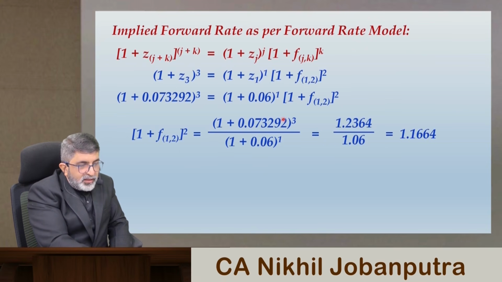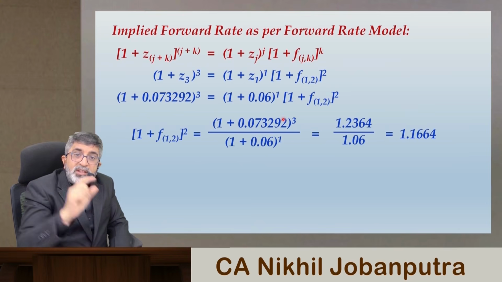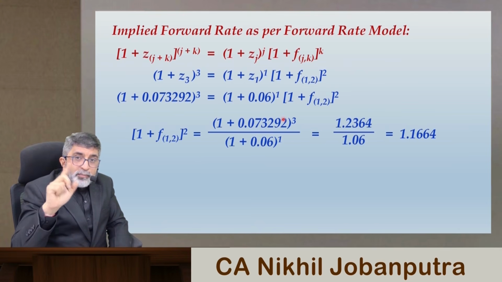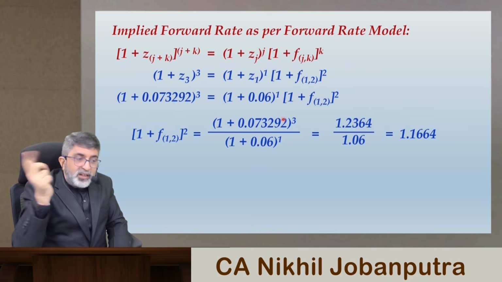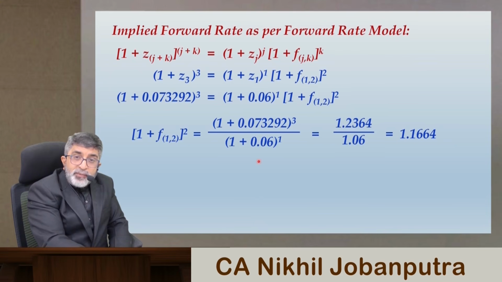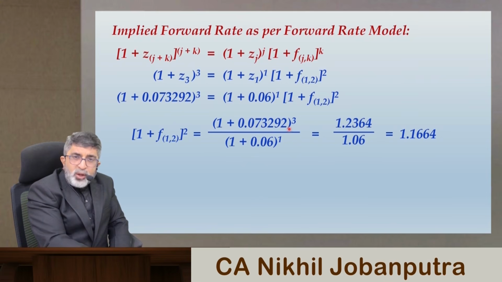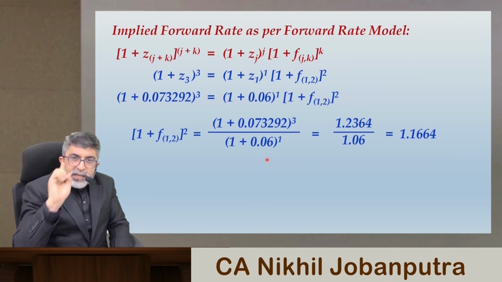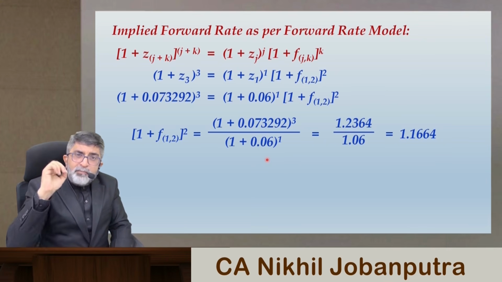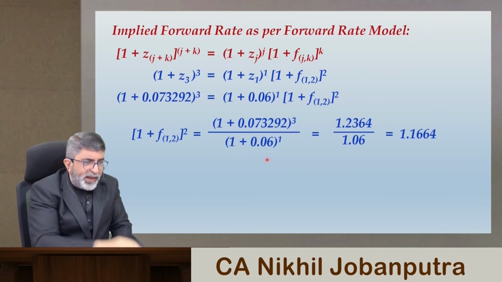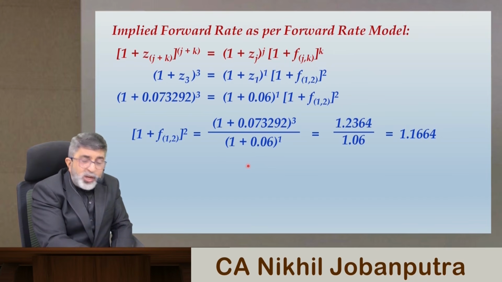Now this will be what? The longer term factor, 1 plus Z3 raised to 3, divided by the shorter term factor, that is 1 plus Z1 raised to 1. So I always say that the bigger factor divided by the smaller factor. Keep this thing in mind very clearly. Now this is a factor for how many years? This is a factor for 2 years.